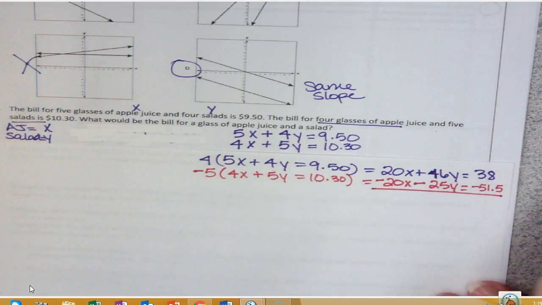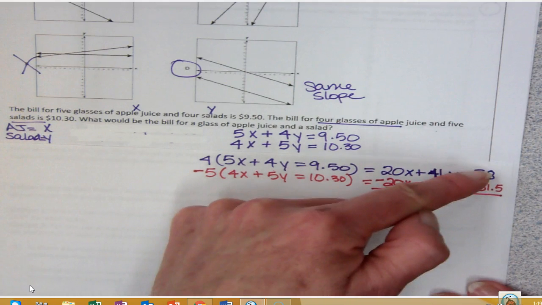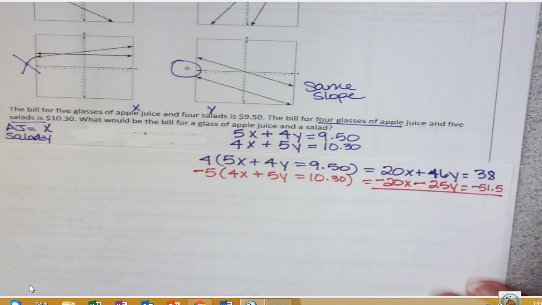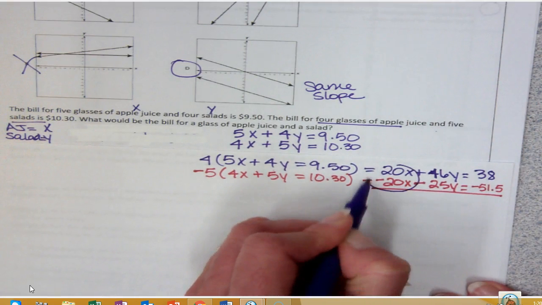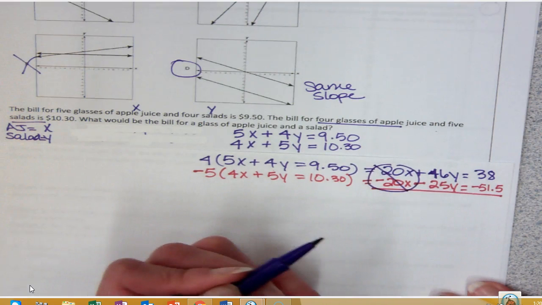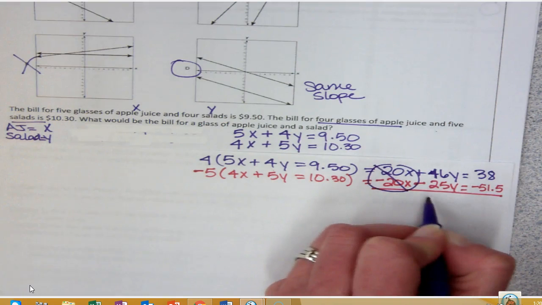So now I've got everything lined up. My x is on top of my x, my y is on top of my y, and my constant is on top of my constant. So when I add them together, these are going to cancel out just like we want them to. That's our whole point, is to eliminate one of the variables, which we have successfully now done because that's 0.